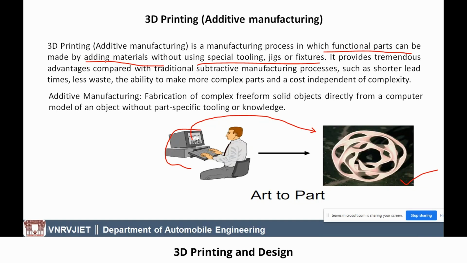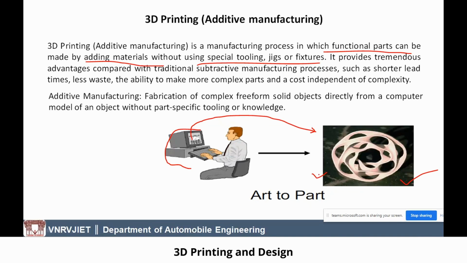It provides tremendous advantages compared to traditional subtractive manufacturing processes, such as shorter lead times, which is one important advantage. Less wastage, as the material is consumed systematically, and the ability to make more complex parts. That's what you can see here. This is a part which is not possible to produce by conventional manufacturing.